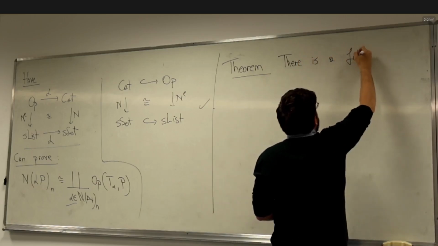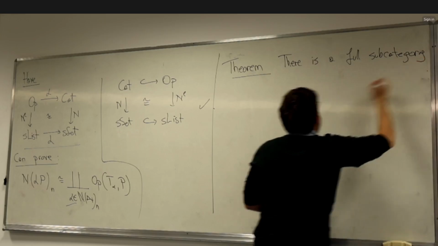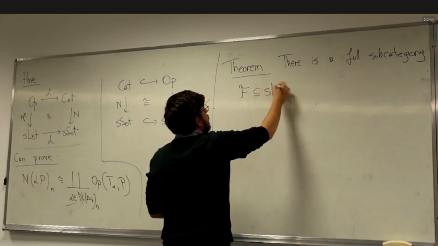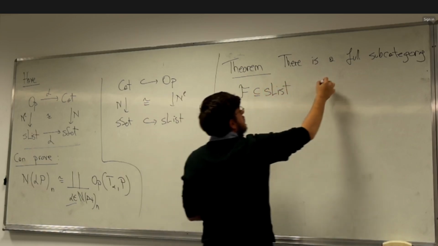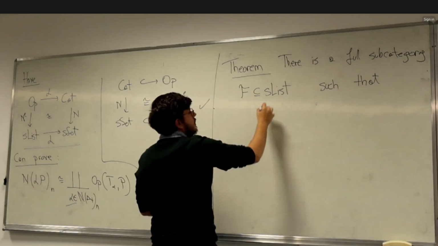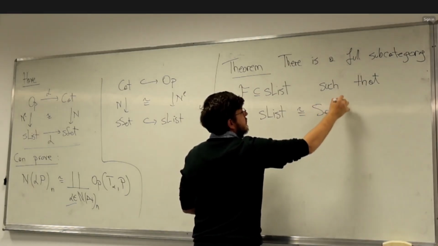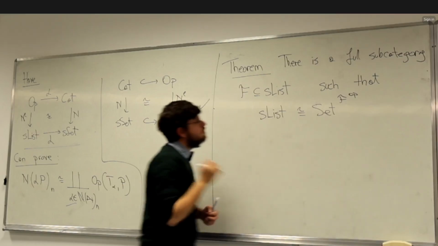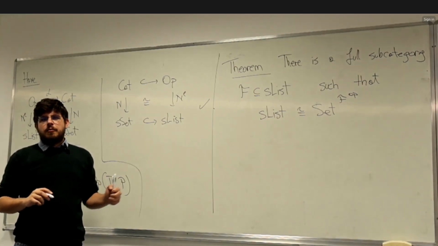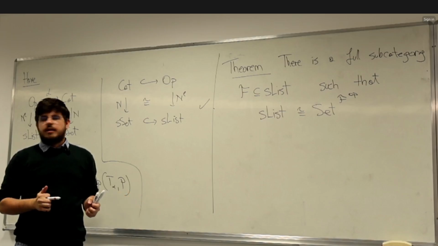So there is a full subcategory F in S list such that S list is a presheaf over the base F. Just as a clarification, is that an isomorphism or an equivalence?